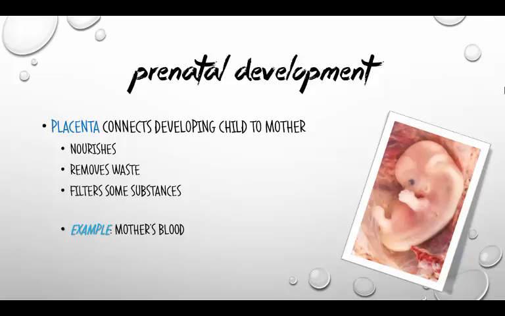The placenta is the actual organ that's instructed to bring in nutrition, to remove waste, and filter some substances that could harm the baby, such as mom's blood. The umbilical cord allows us to have slack so that we're not literally attached, such as our head or arm attached to the uterine wall. So we have the freedom to expand these body parts, those limbs, for example.